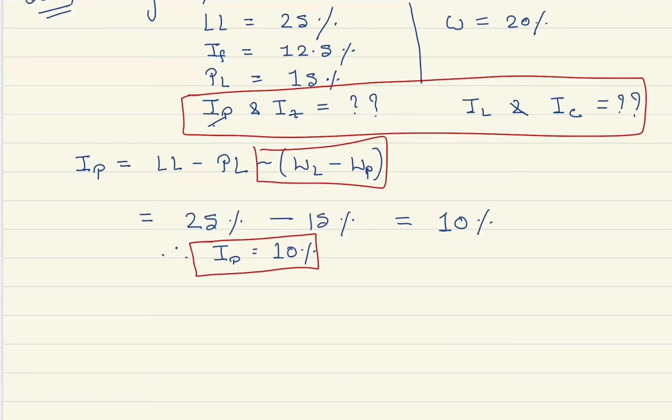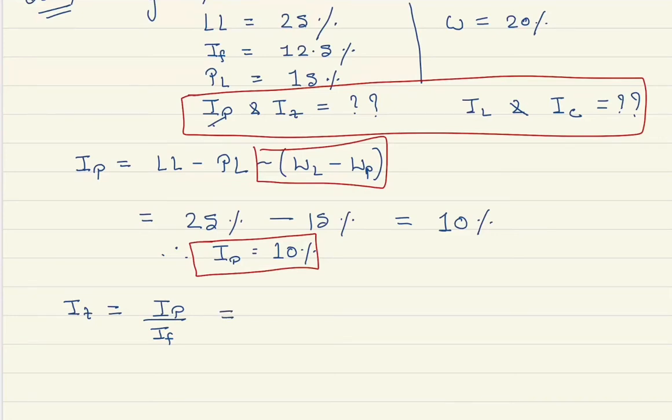Next, we need to find toughness index. We know toughness index is given by IP divided by IF. IP is plasticity index, IF is flow index.